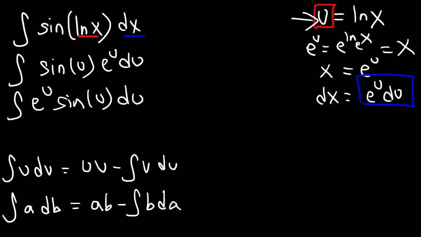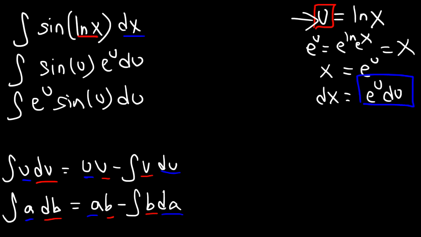Everywhere we saw a u, we replaced it with an a, and everywhere there was a v, it was replaced with b.